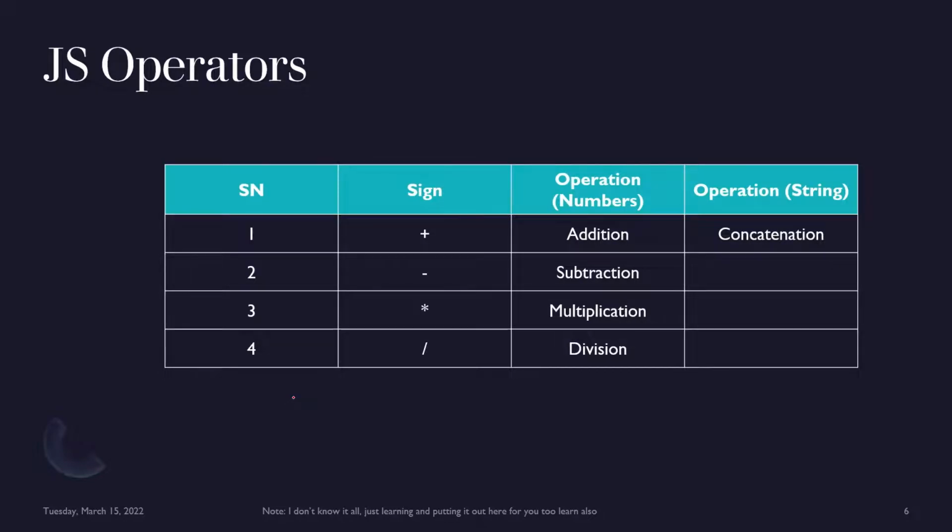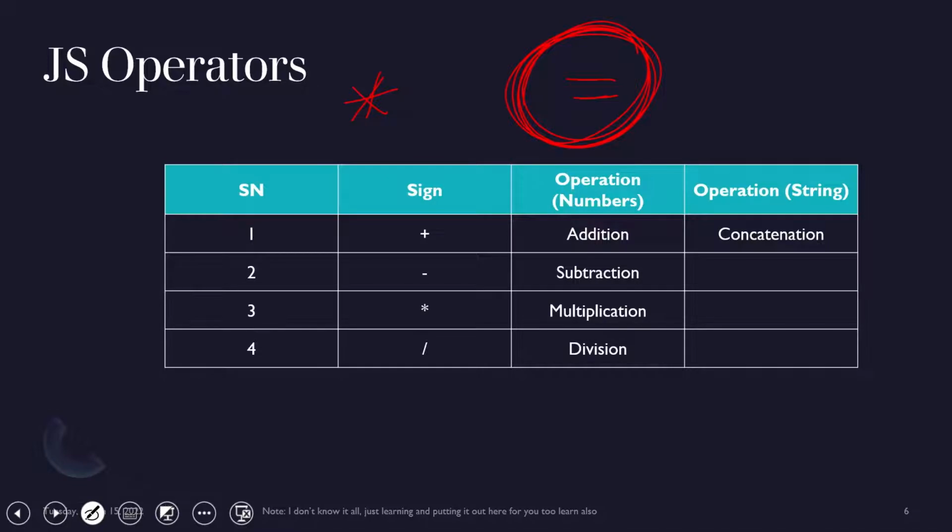Okay, so we have basic operators. I think I should have started with the first one. So the most important operator that you should always take note of is the equal to sign. This is the first and most important operator, equal to.